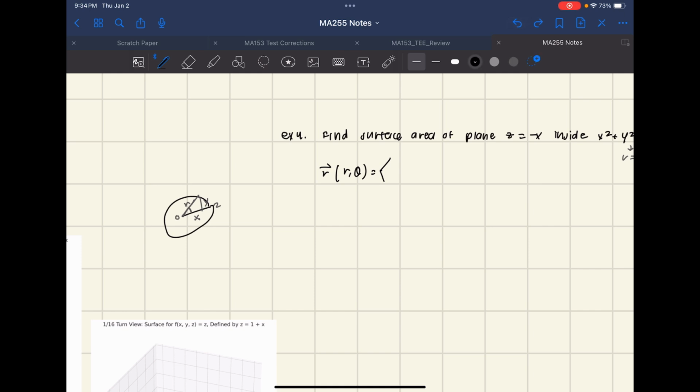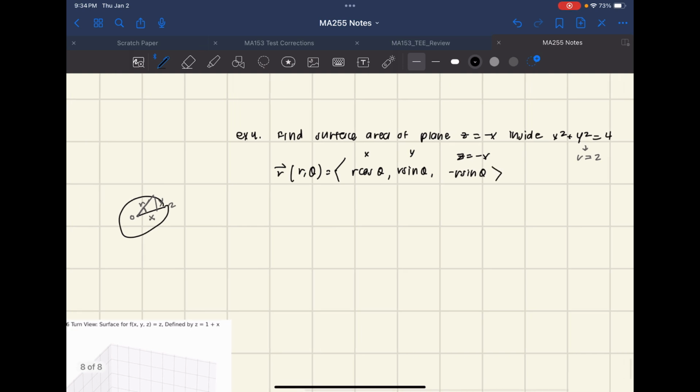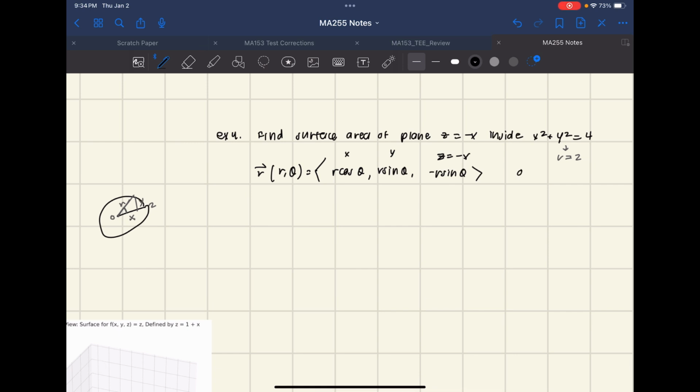Okay, so my x value is going to be r cosine theta, y value r sine theta, and then my z component, which is equal to negative x, so negative r sine theta. As for our domains, r is between 0 and 2, and theta is between 0 and 2 pi, because it's a circle.